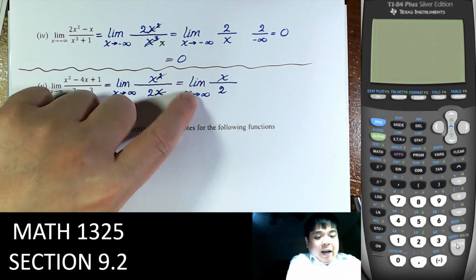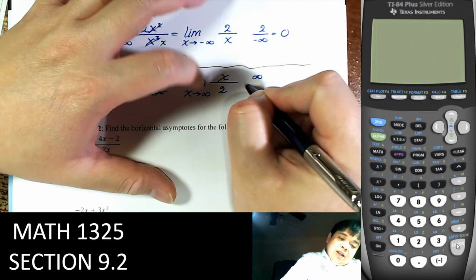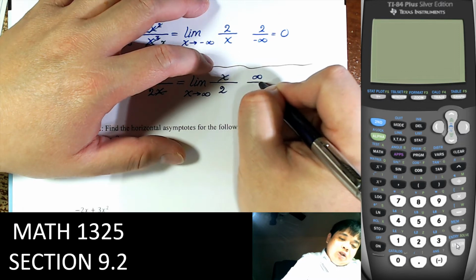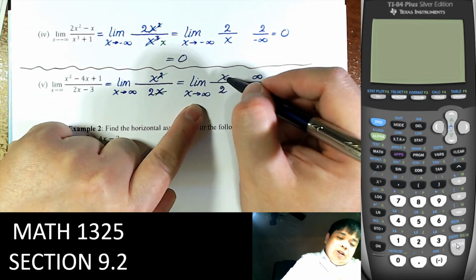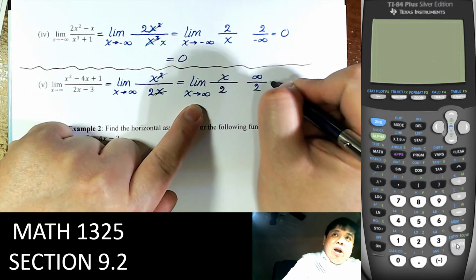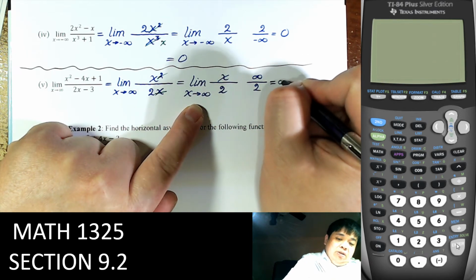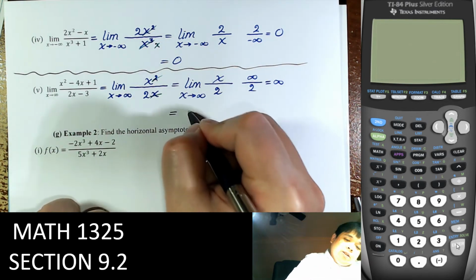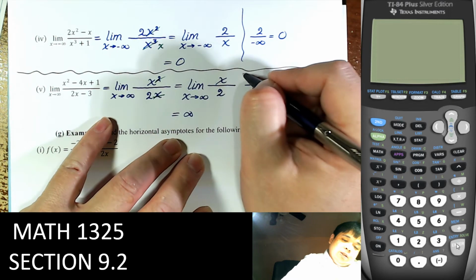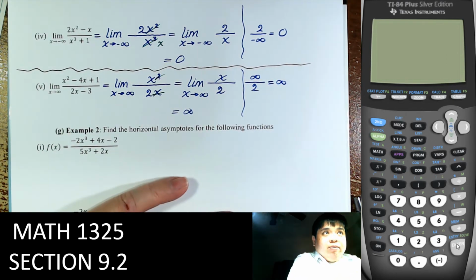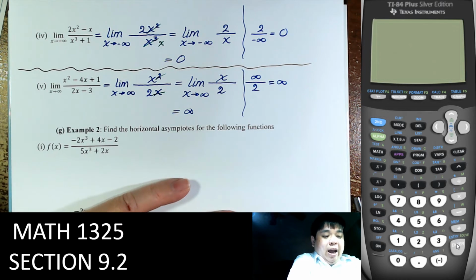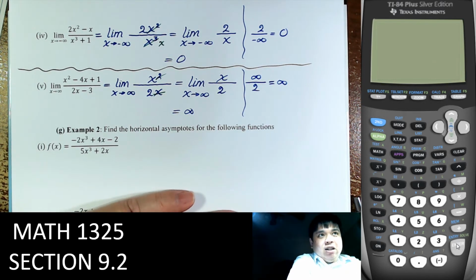Now infinity is the limit for x. So we put infinity into x divided by 2. Infinity divided by 2 is still infinity, so that will be the limit. Simple enough. Take the highest power term and then simplify, and see what happens after that.